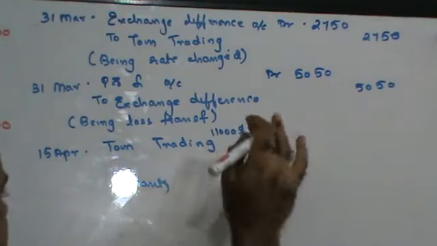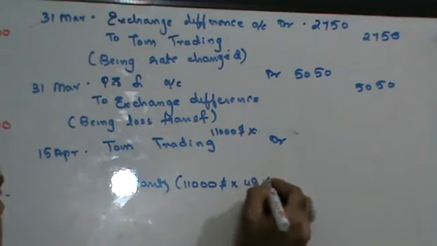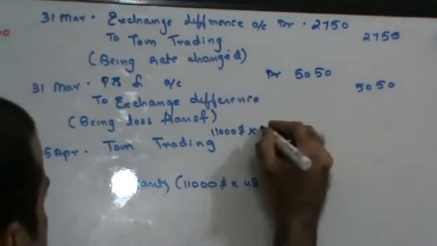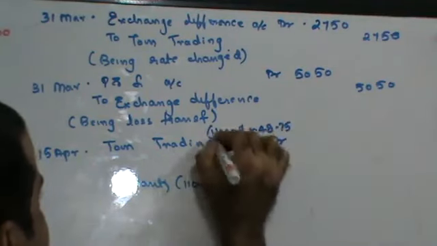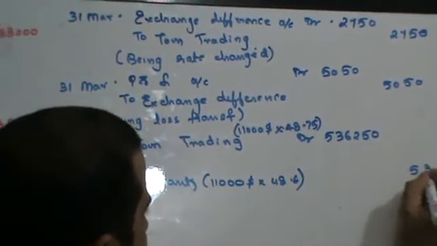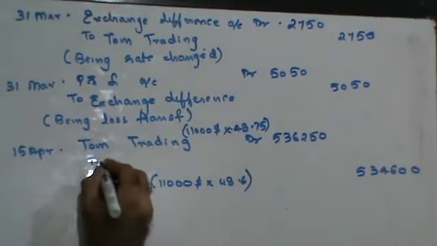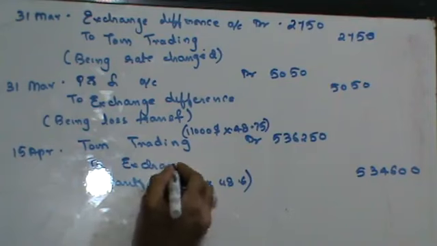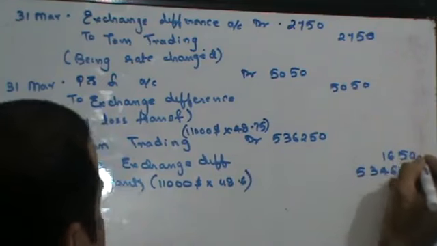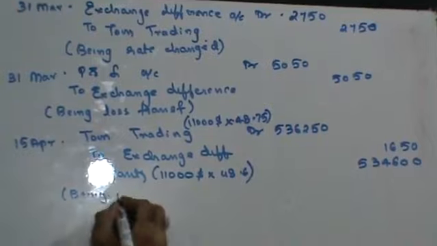So $11,000 into 48.6, and Tom Trading will be the 31st March rate, 48.75. That's 5,36,250. That's 5,34,600. So this is going to be exchange difference, 1650. Being payment made.